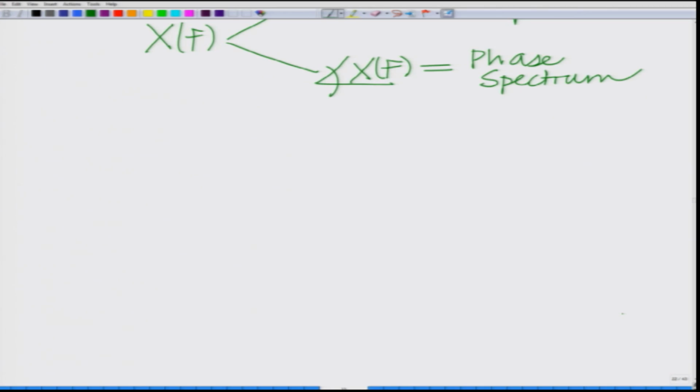Okay, all right. What we have found so far is, given x(t), how to find the Fourier transform X(f) in the frequency domain.